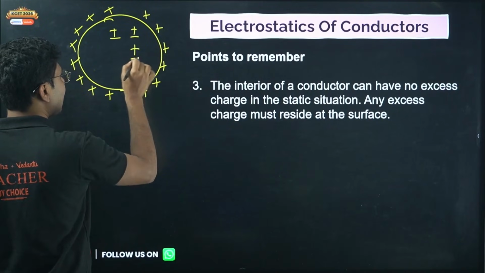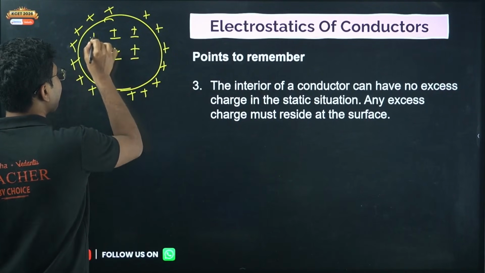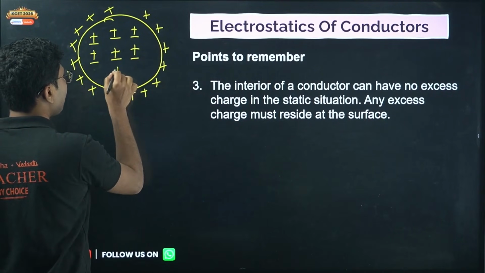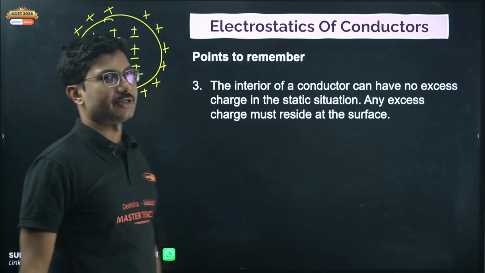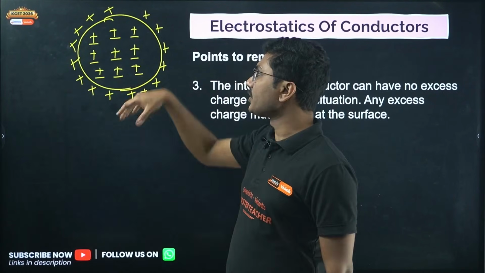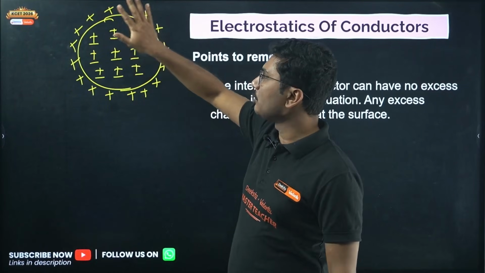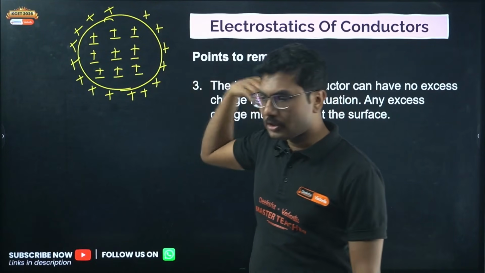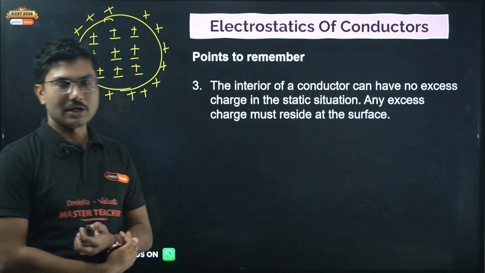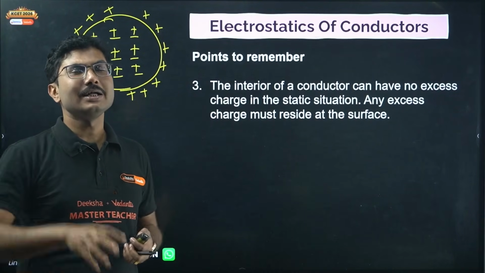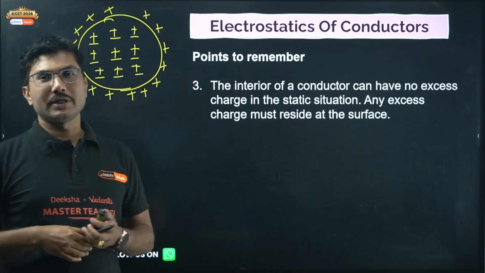So inside the conductor, atoms have an equal number of electrons and protons. That's why inside the conductor there is no excess charge. Excess charge means extra charge. Inside there will be charges, but they are all equal. Positive and negative are equal and they cancel each other. So that's why if you add any extra charge, it will float on the surface.